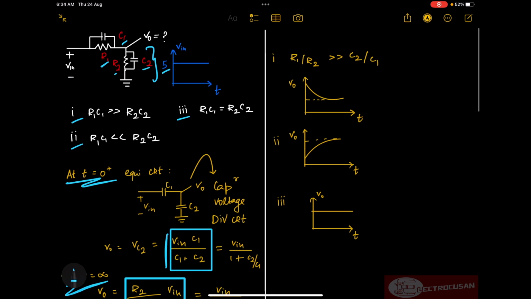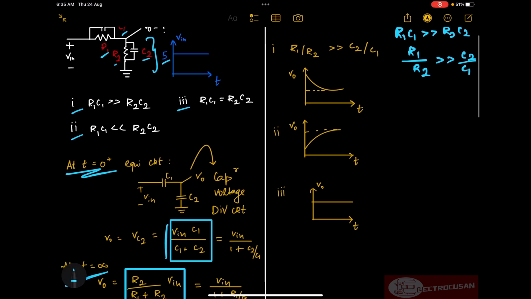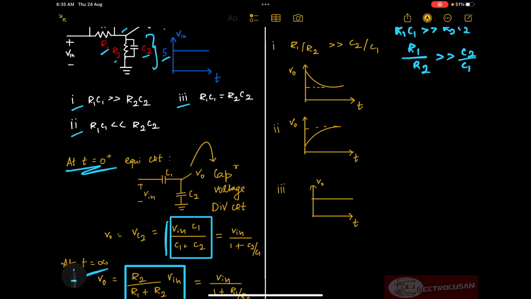We are given three conditions, so I will start with the first one: R1 C1 greater than R2 C2. By rearranging the terms, we get R1 divided by R2 greater than C2 divided by C1. We'll find the output at t equal to 0 and infinite using this relation.